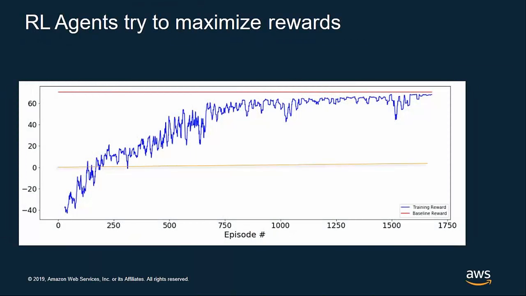So as mentioned earlier, our goal is to maximize long-term rewards. And this is a graph that shows how the rewards look across multiple training episodes. It's important to note here that initially the rewards are negative and they are slowly starting to get better over time, and around the 1,000 episode, you can see that they are fairly flat.